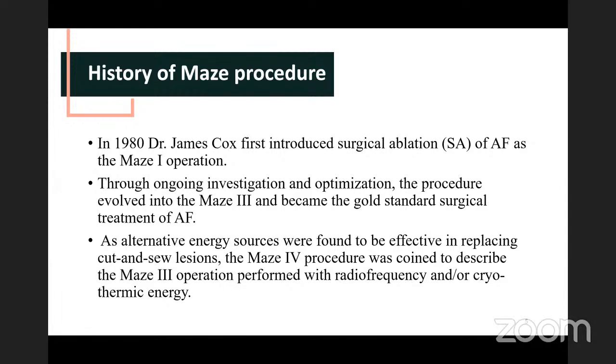With the advance in technology, an alternative energy source was found to be effective in replacing this cut and sew technique. And the Cox-Maze-4 procedure describes the Cox-Maze-3 using alternative sources of energy like radio frequency or cryothermic energy.